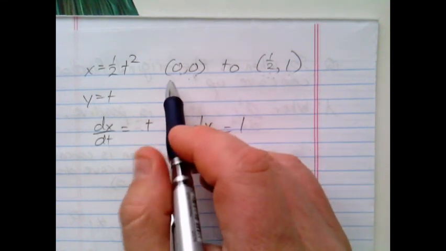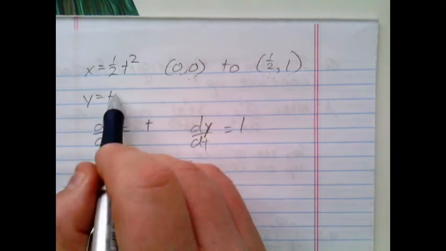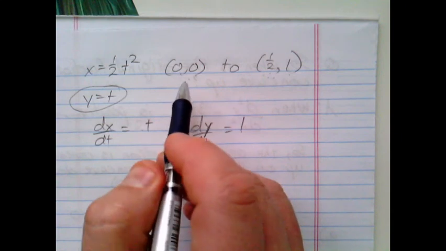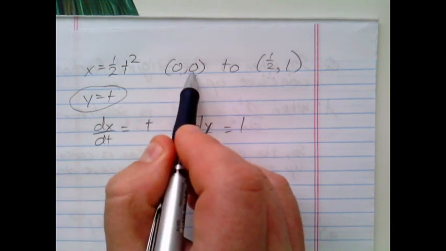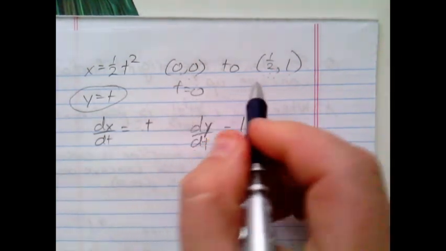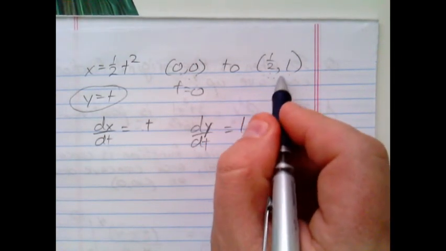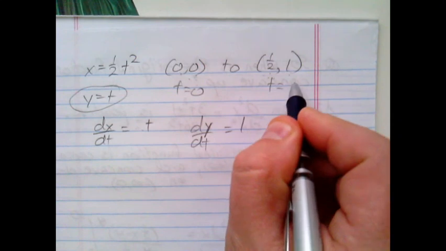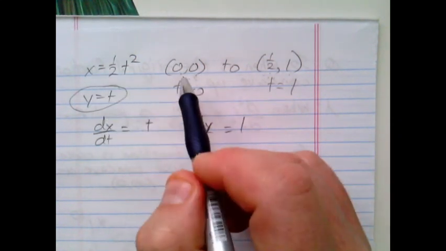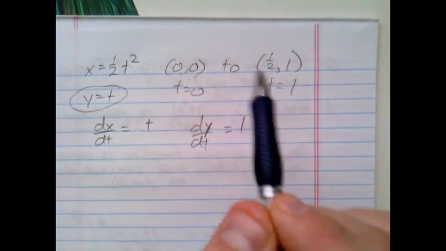Y is actually nicely tied into t. So at this point, since y is 0, t must be 0. And here, since y is 1, t must be 1. I could also use the x formula to get it, but it's easier to use y equals t.